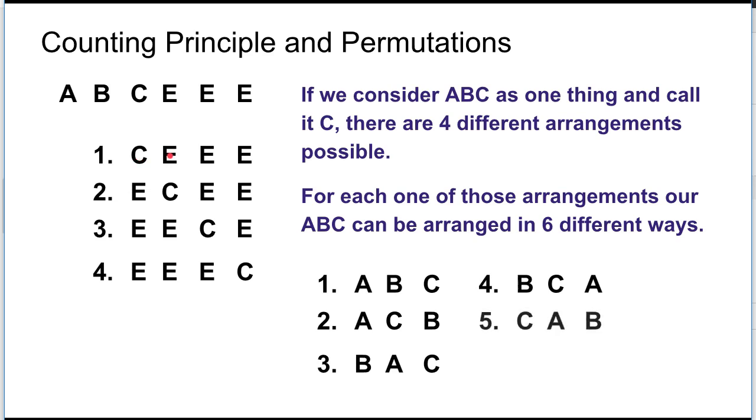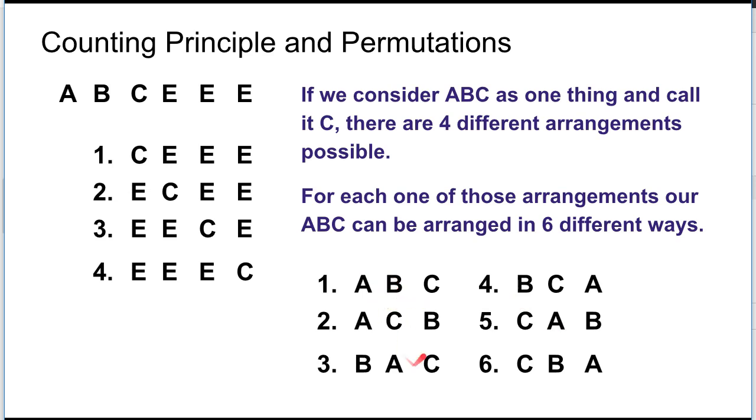Now, you'll notice that, again, it doesn't make a difference. The E's are identical. So really, these are the only 4 ways that this can happen. Now, for this way, the C could be ABC, ACB. There's 6 different ways. I know it seems kind of weird that 3 things can be arranged in 6 different ways.